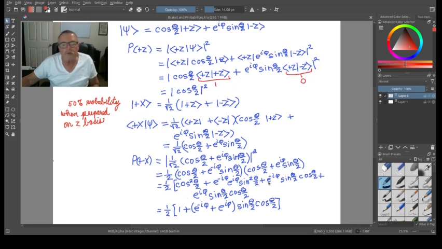If you can follow through, we've got an e to the minus I phi, sine theta over 2, cosine theta over 2, and e to the plus I phi, sine theta over 2, cosine theta over 2. So this is as close as we get on this page. 1/2, because the 1 over square root of 2 is squared, and then we have this god-awful mess here. So we have to go to another page to continue on.